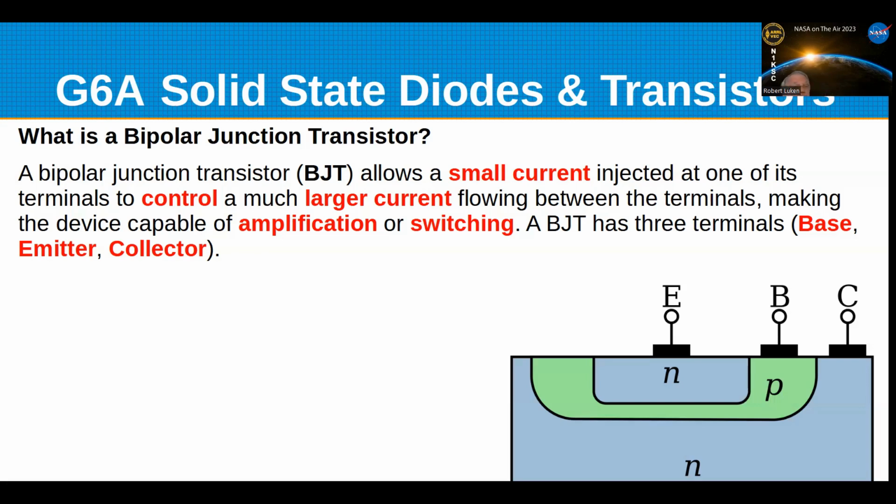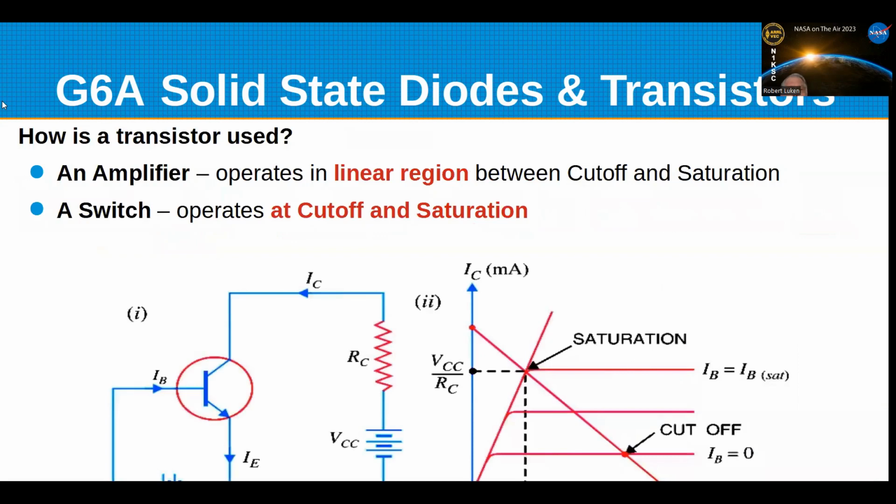Now, you can use it as an amplifier, or you can use it as a switch. Remember, it's got 3 terminals, base, emitter, collector. And we'll talk about amplifiers and switches. When we use it as an amplifier, we want to use it in this linear region.